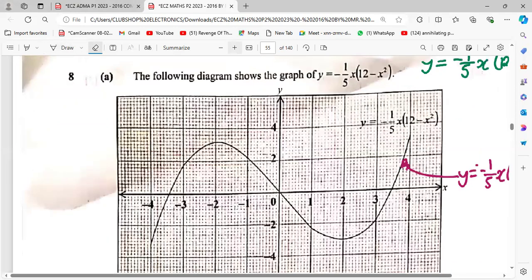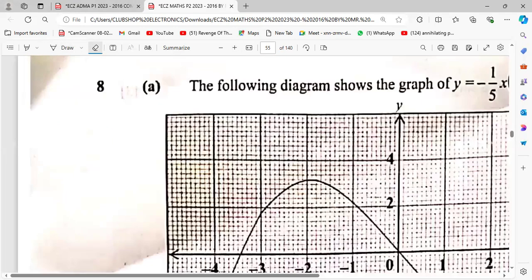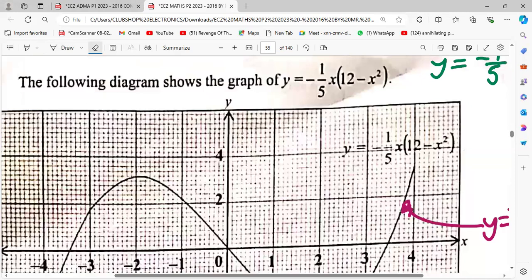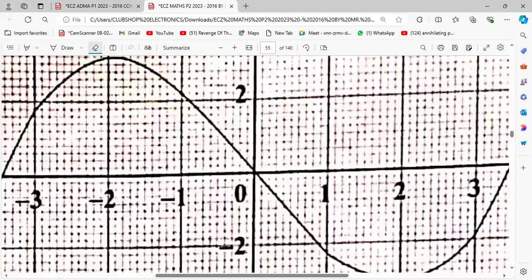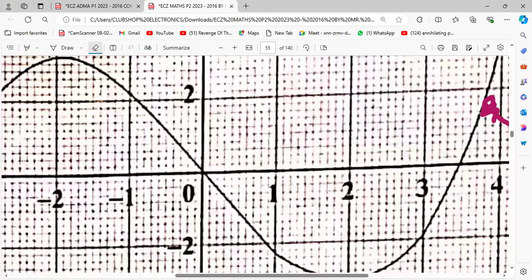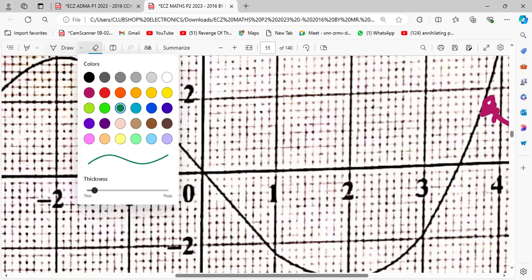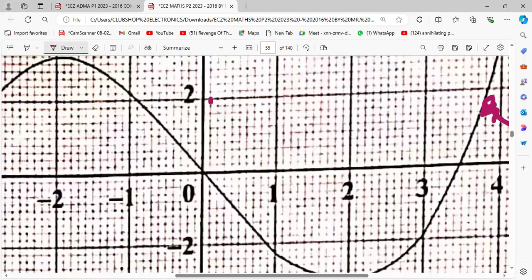I'll try to zoom so that all of us are able to see. You can see that this is the y-axis, and this is 2, isn't it?